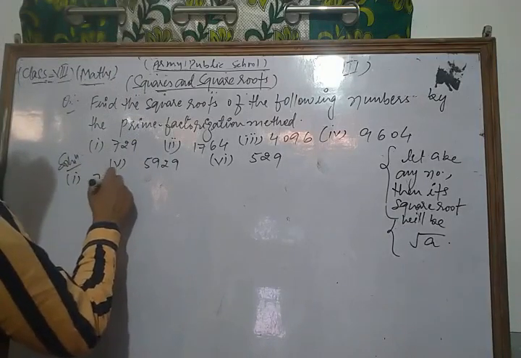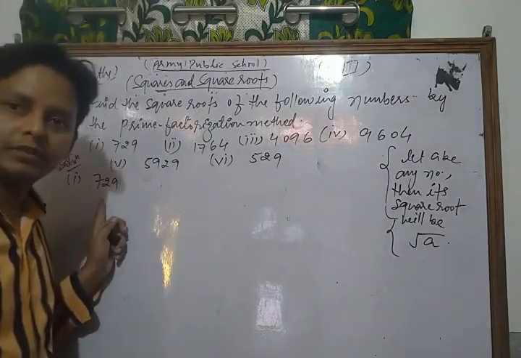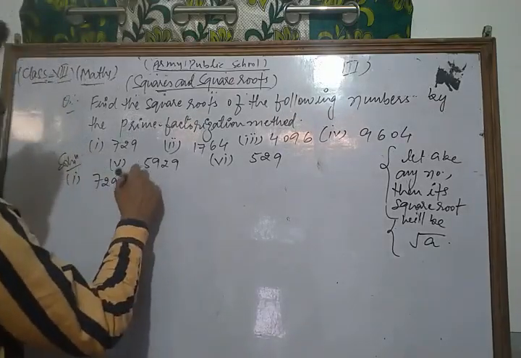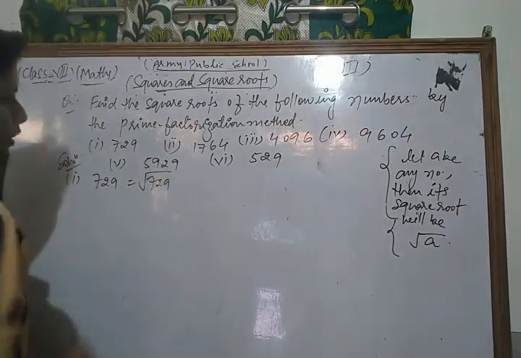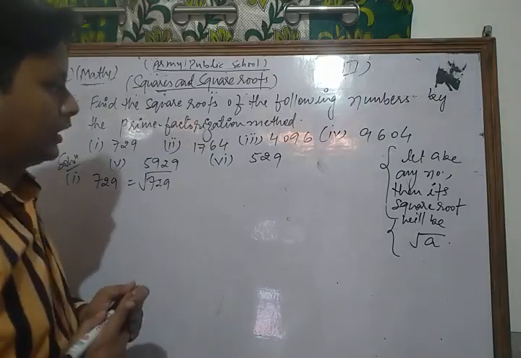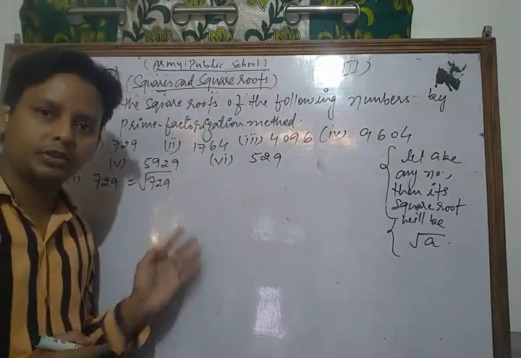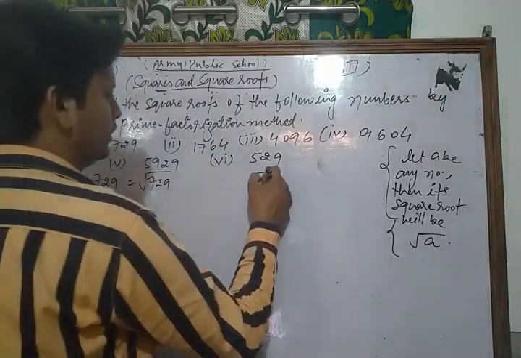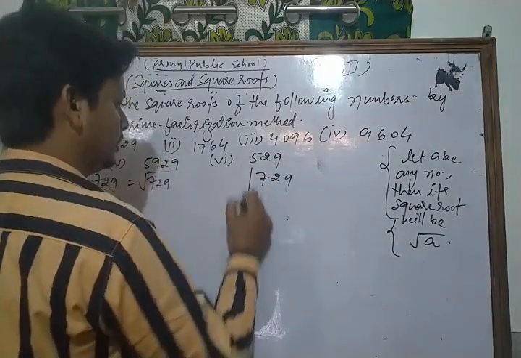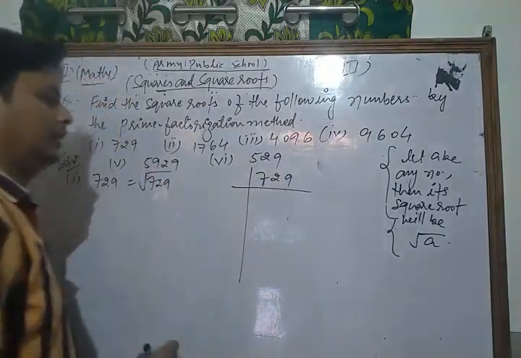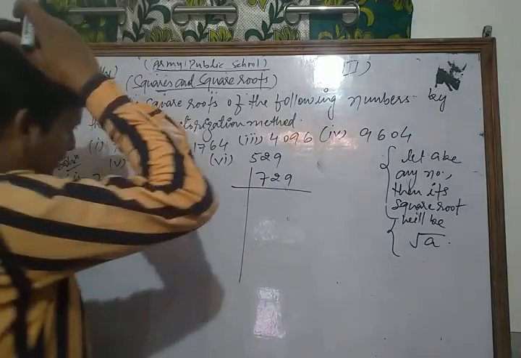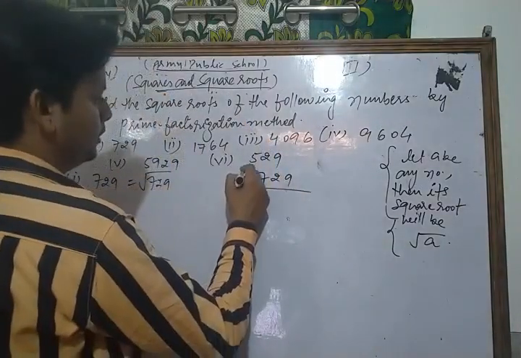This is 729, and the square root of 729 is to be written in this way. Okay, now we do its prime factorization. Let's see, 729. Now if we do its prime factorization, then we must get what? We divide by 3.